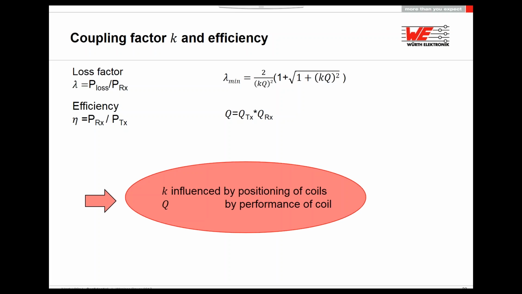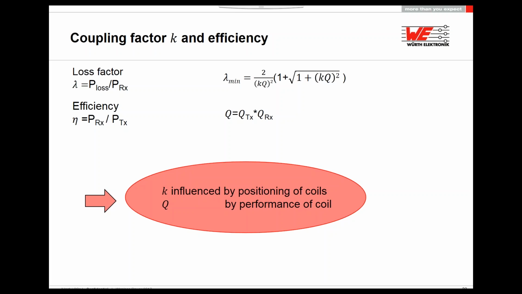The coupling factor, as we learned, is influenced by the positioning of the coil. So when you are designing your system, if you take care that your receiver coil is always placed properly on your transmitter coil, then you influence the coupling factor positively. The other point, the Q factor, is influenced by the performance of the coil.